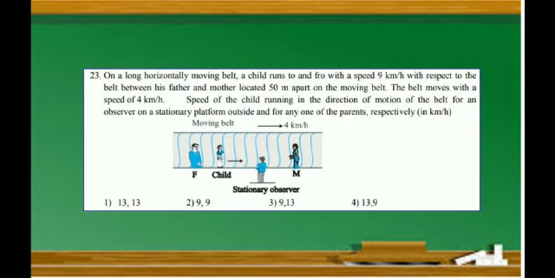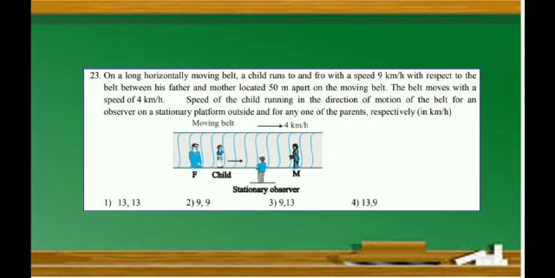Speed of the child running in the direction of motion of the belt for an observer on the stationary platform outside, for any one of the parents relatively, in kilometer per hour. See the diagram in the given box.